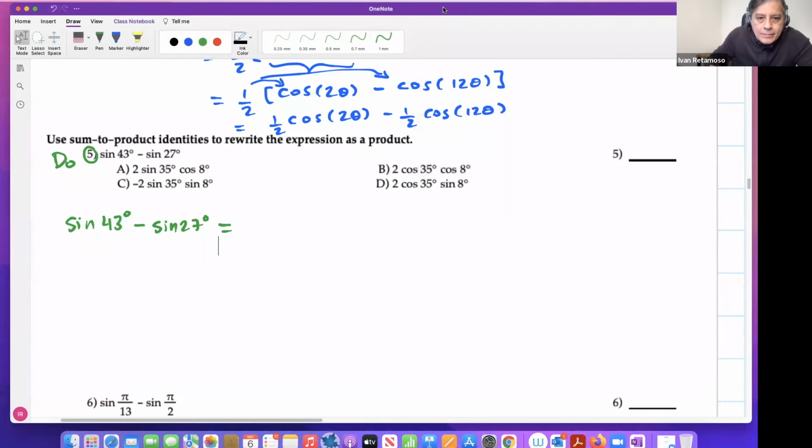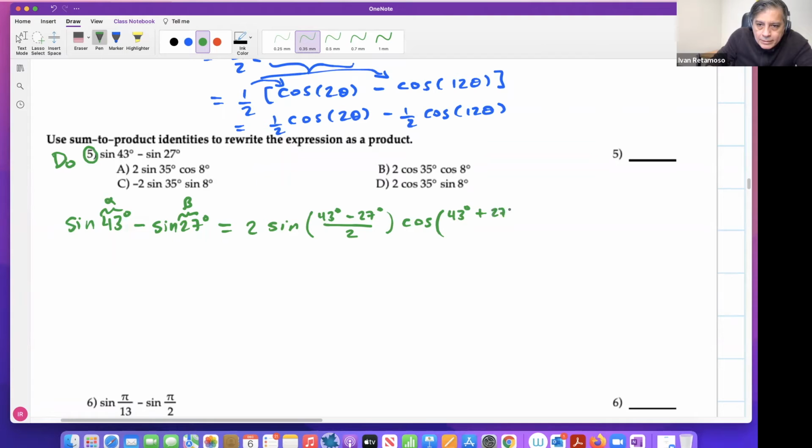So this will be equal to, letting this be alpha, letting this be beta, and try to remember this for your homework, 2 times sine of alpha minus beta over 2, but alpha is 43 degrees minus beta 27 degrees divided by 2, multiplied by cosine of alpha plus beta over 2, but alpha is 43 degrees plus beta 27 degrees, all that divided by 2, right? Very good.